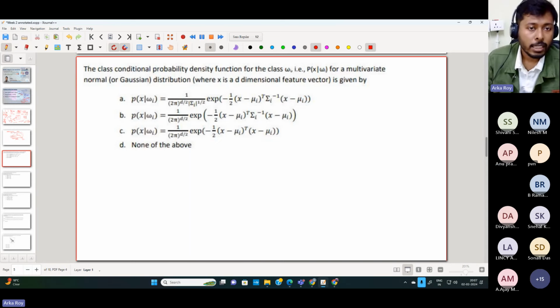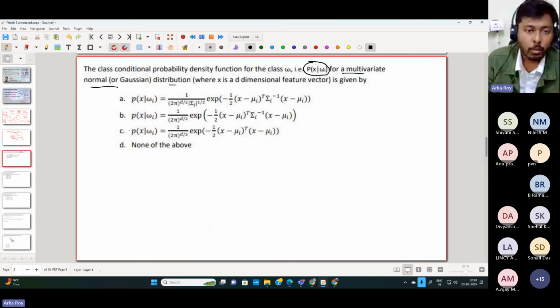These are the sample questions that I have taken. This is pretty straightforward. The question is: the class conditional probability density function is represented by P of X given omega, and this basically follows a multivariate Gaussian distribution.